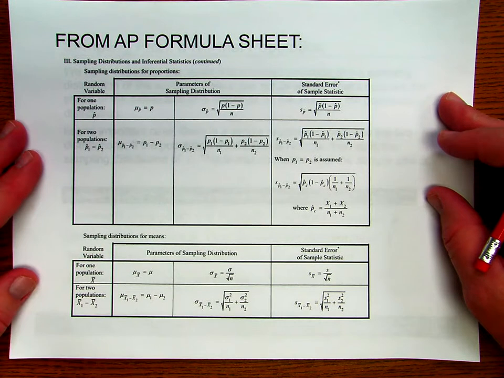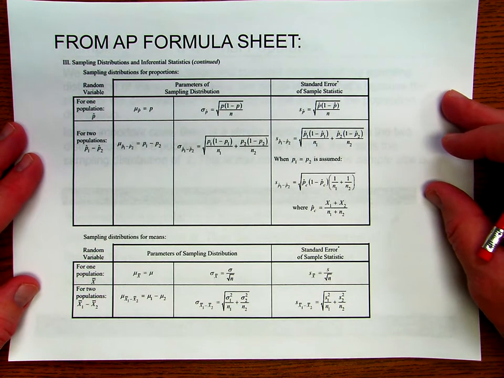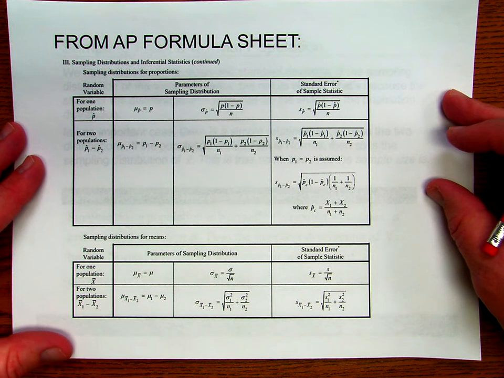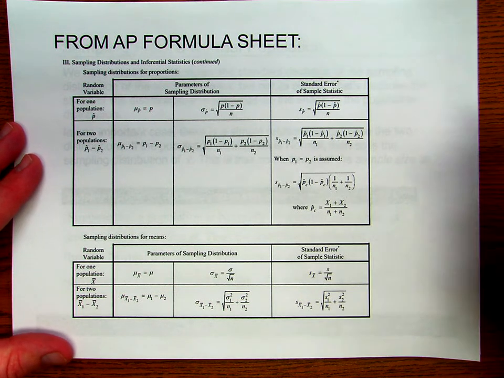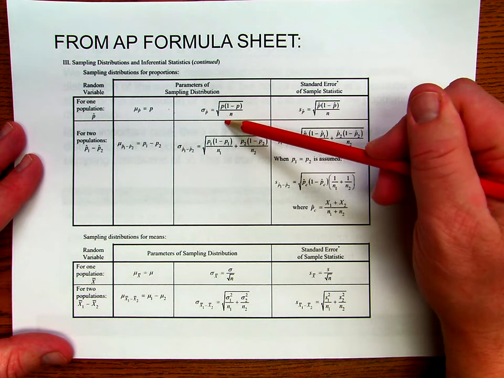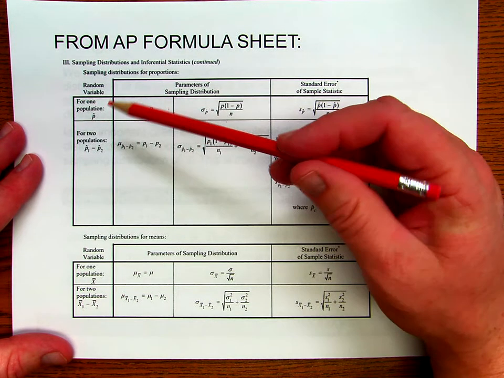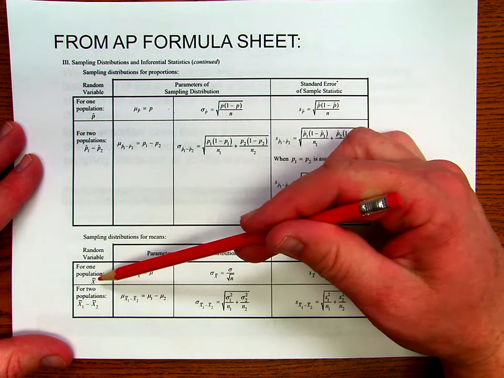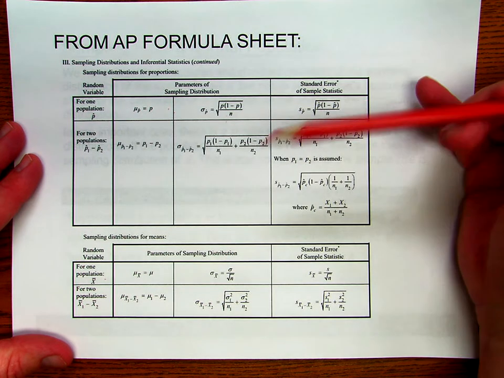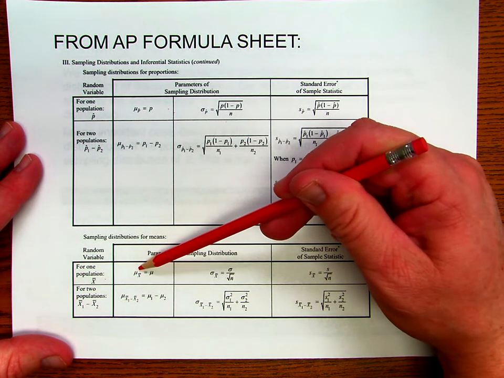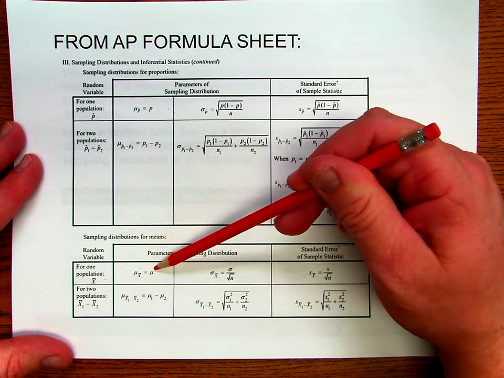Or as I had mentioned at the end of the PowerPoint from the previous lesson, you're not going to have to memorize these formulas. The ones that were specific to what we did in section 6.2 were up here when we're talking about sampling distributions for p hat. Now we're doing sampling distributions for x bar. The mean of the sampling distribution is equal to the population mean.